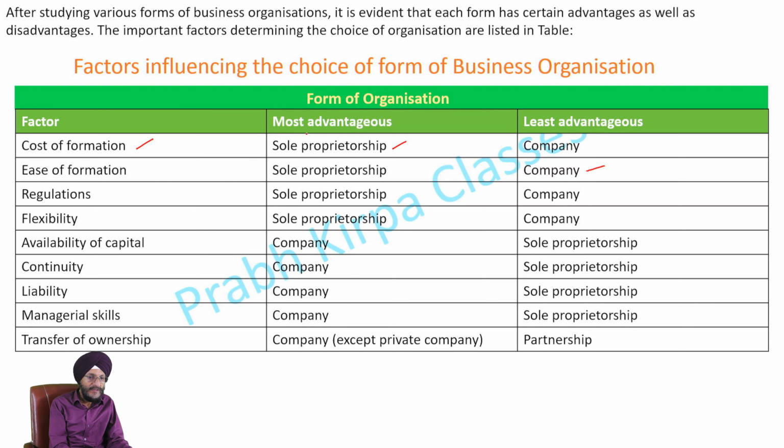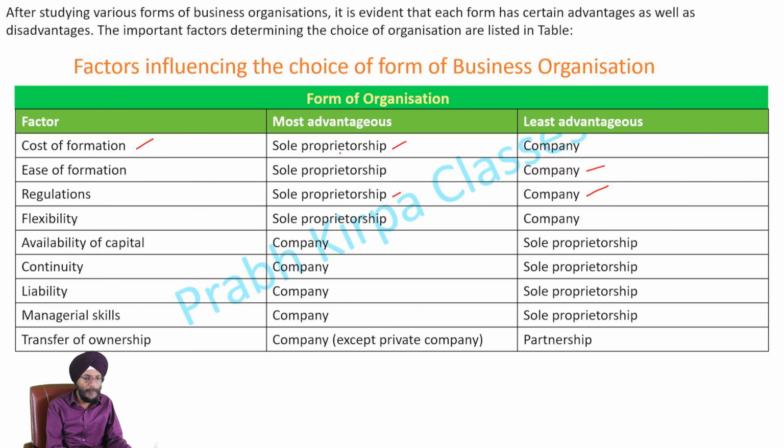Further, in the case of sole proprietorship, there are minimum regulations which a sole proprietor has to follow. A partnership form of business has to follow certain other rules. But in the case of a company, a large number of regulations have to be followed.